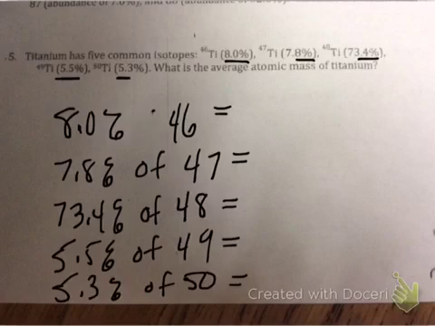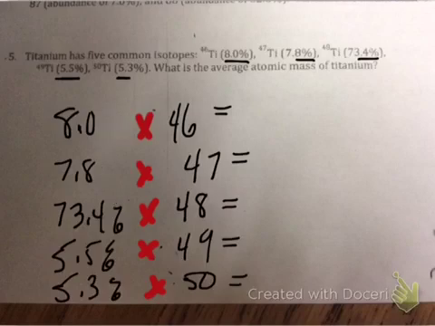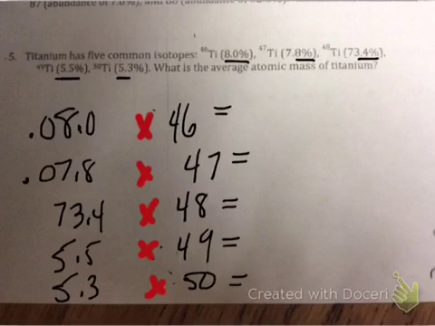So I'm going to go through all of these, and I'm going to put our times in there. Now we have to get rid of the percents, and we're going to turn those into decimals by dividing by 100. So that means we're going to put a 0 there, and put the decimal here. Now let's get rid of these decimals. All right, so we're ready to do this.